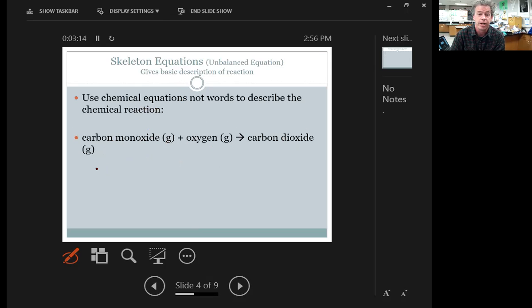So we have carbon monoxide, which would be CO, that's a gas, plus oxygen gas, again Brinkelhof is O2, reacts to yield carbon dioxide, so CO2, gas. So carbon monoxide gas plus oxygen gas reacts to yield carbon dioxide gas. This would be a skeleton, unbalanced equation of this word reaction.